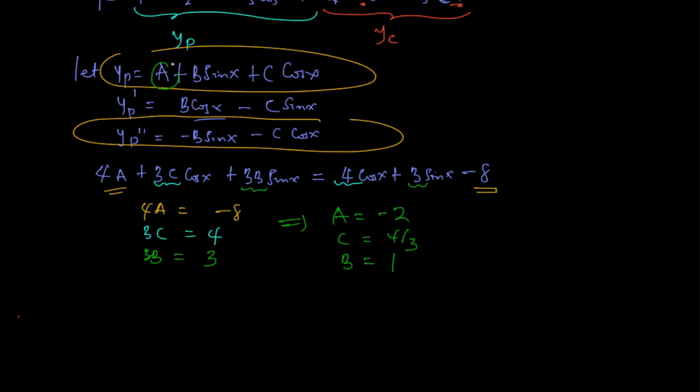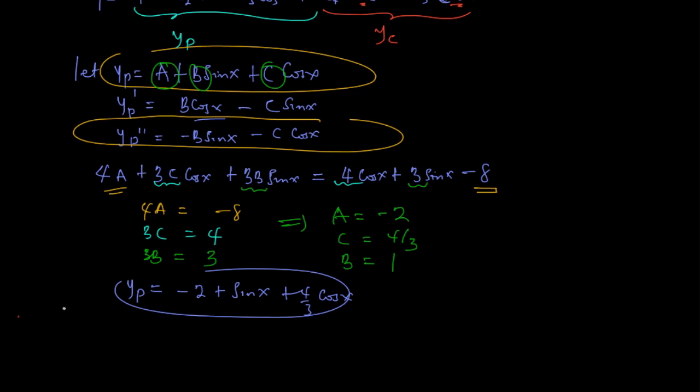So I'm going to substitute them into here, here, and here. So what we have now as a final solution for yp equals my a, which is minus 2, plus sine of x, that's 1 times sine of x, and then plus 4 over 3 cosine of x. Since I've gotten my yc, therefore the general solution is going to be y equals yc plus yp.